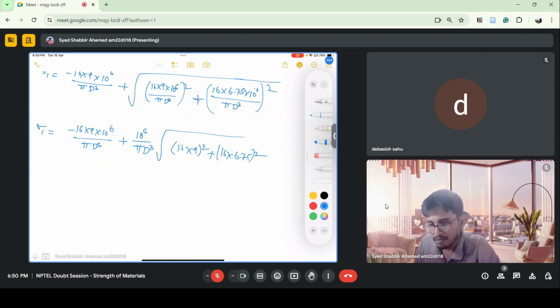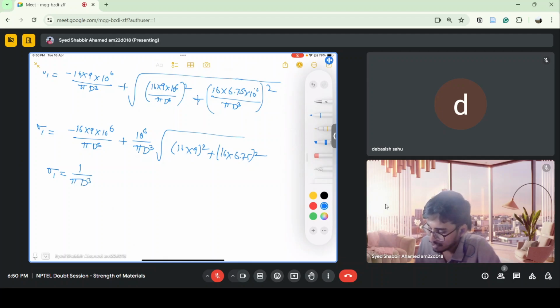So if I do the simplification, I'll get 1 by pi d cube.